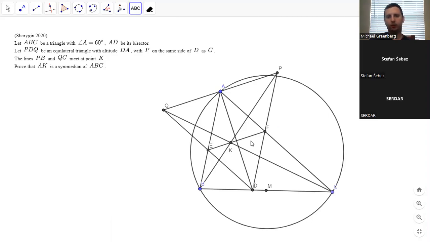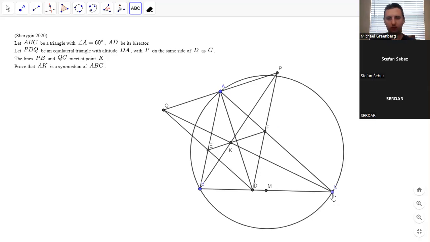So we have some similar ratios: CF over FA, CK over KQ, and the same thing there. So where do you end up showing that AK is the median? We use the isogonal line lemma on AQ, AB, AC, AP. So that means that AK and you'd have to see where BQ and CP.